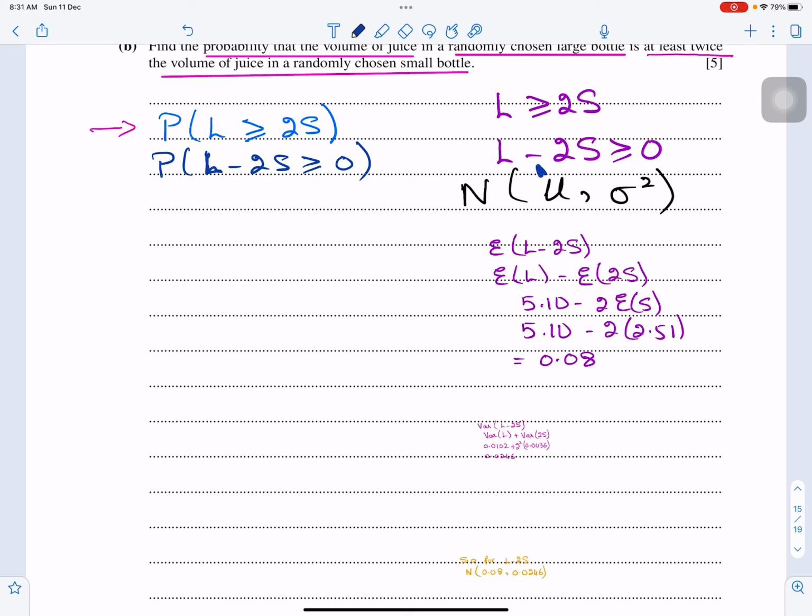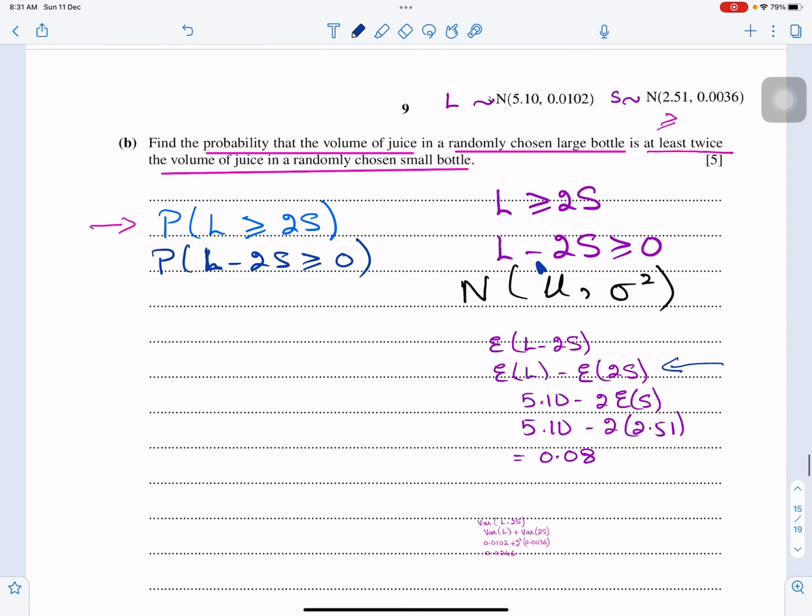Here was given 5.10, the mean of the large bottle, and this was the mean of the small bottle. So 2 times the mean of the small bottle is 2.51. I have shown you the formula in the beginning to help you recall. So I got my mean 0.08.